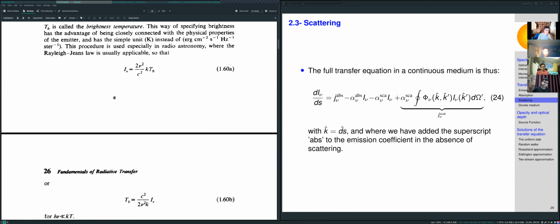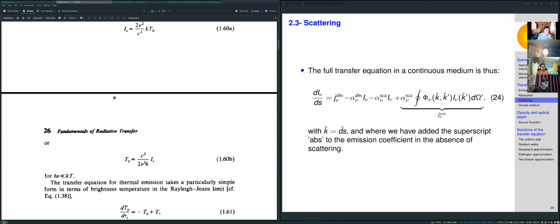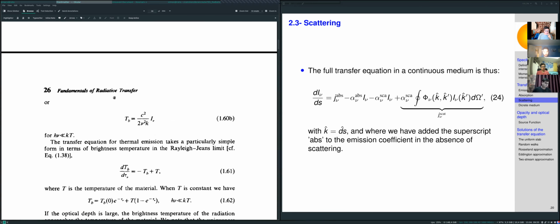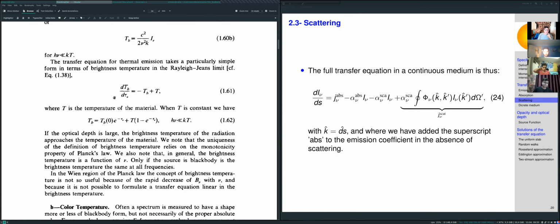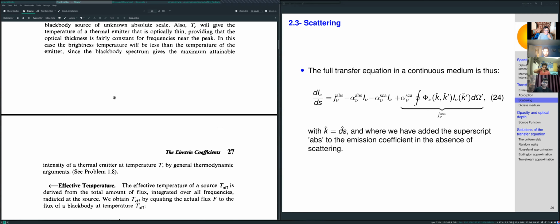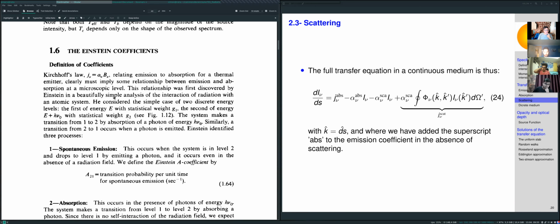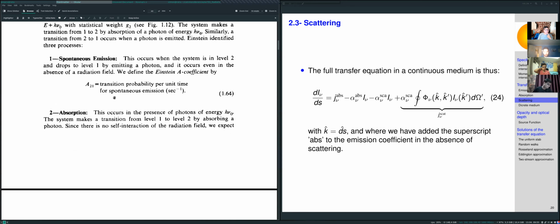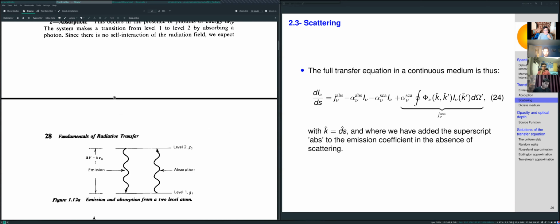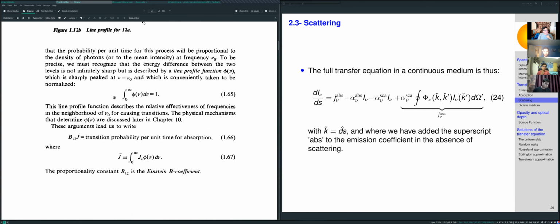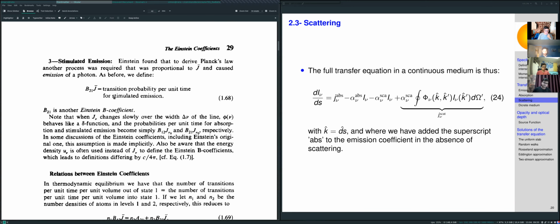So for Thursday, we'll resume here, starting on the brightness temperature, the color temperature, and the effective temperature. And then we'll go on with the Einstein coefficients.